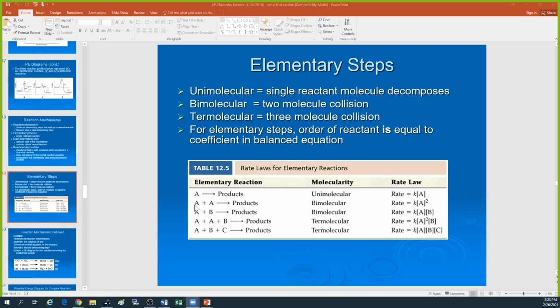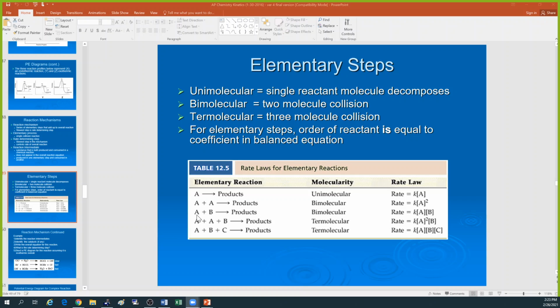The next type of elementary reaction is bimolecular, meaning two molecules have to crash. It can be two of the same molecules in this case, or it can be two different molecules. But both of these are second order reactions. Look at what's going on here. Here, we can write the rate law as k times the reactant raised to the power of the coefficient, where A plus A just means 2A, obviously.